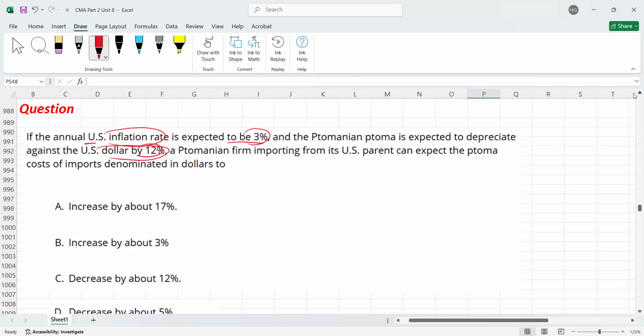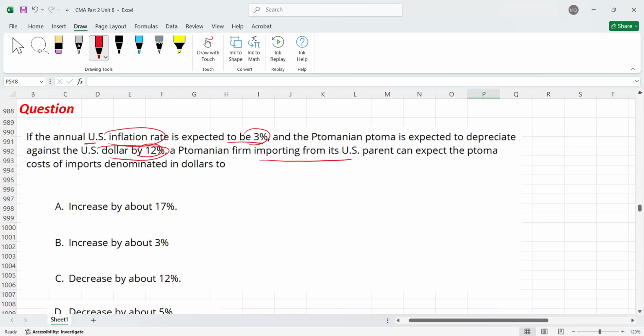So there is inflation in the USA, but the Potama currency is also depreciating by 12%. Now, a Potomanian firm importing from the US, we are importing goods from the US. It means we have to make payments in US dollars.